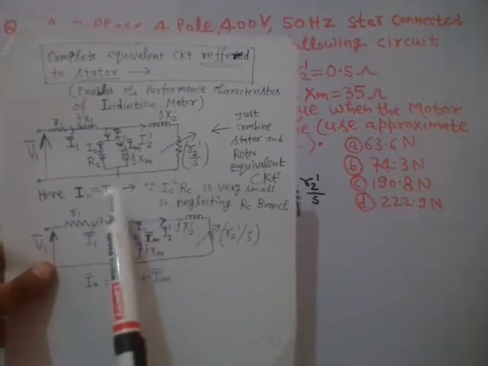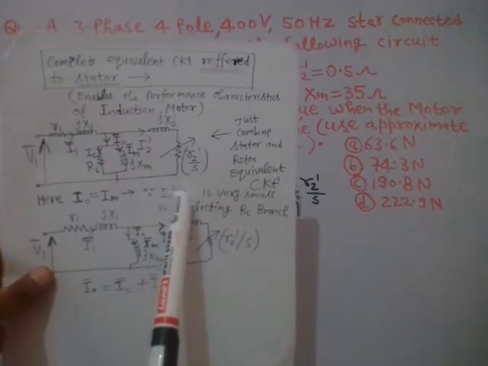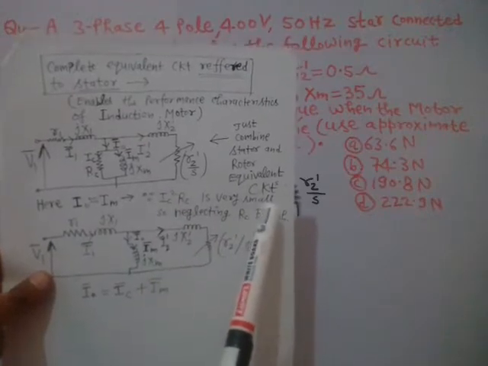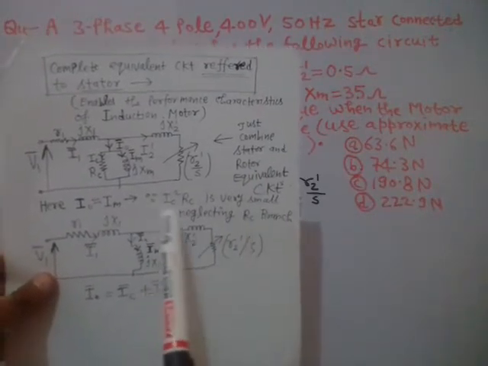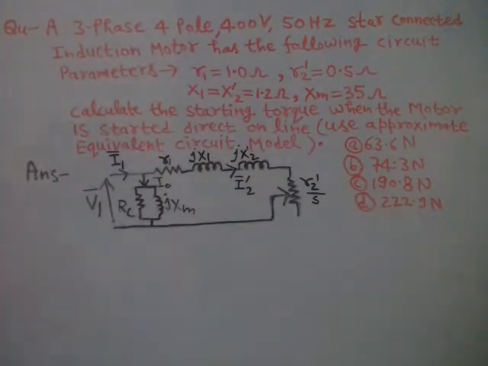This is an approximation, that means when IC square RC, that is basically core loss, is very small, you can neglect this, right? So now you can calculate the torque of the induction motor.